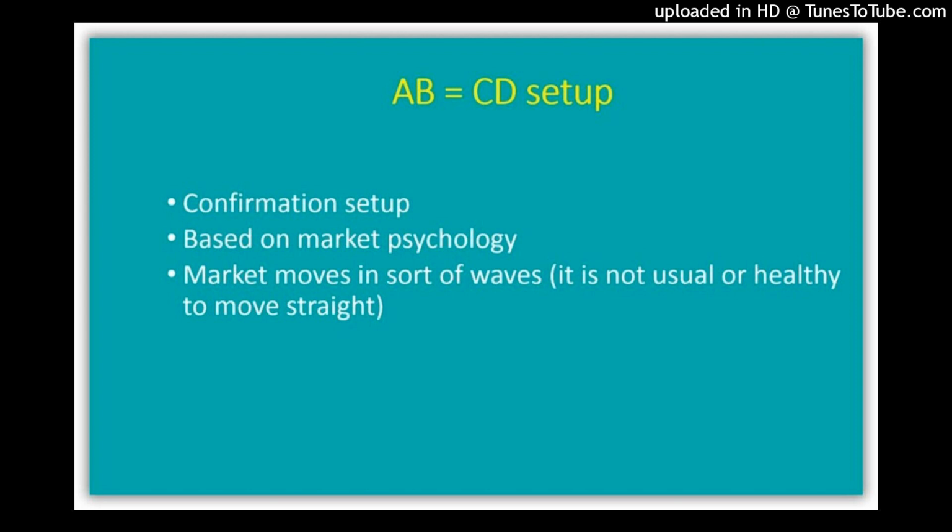As I said, the ABCD setup is based on market psychology, and it's based on the fact that the market moves in sort of waves. So when there's, for example, an uptrend, it's not a straight line, but instead this is how an uptrend looks. The price makes pullbacks.